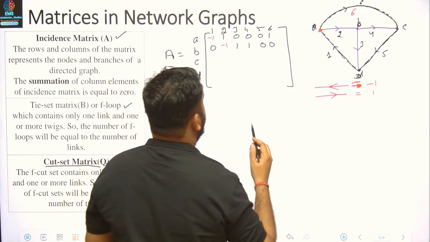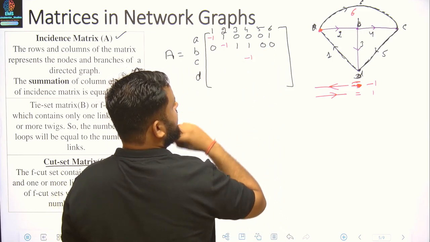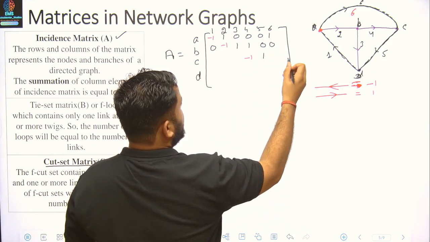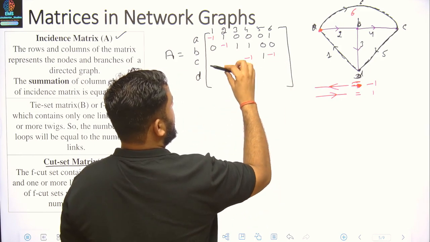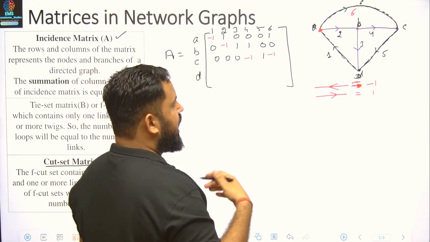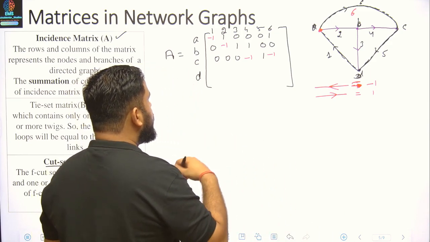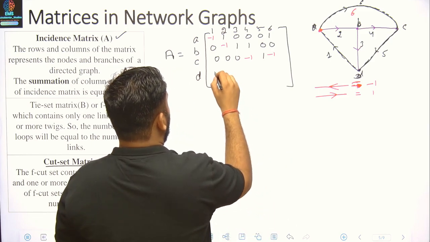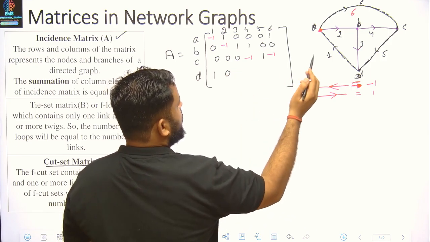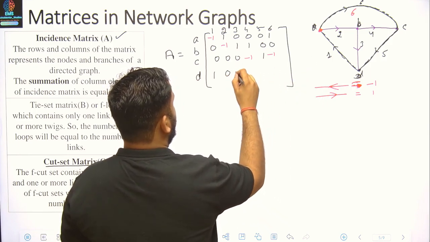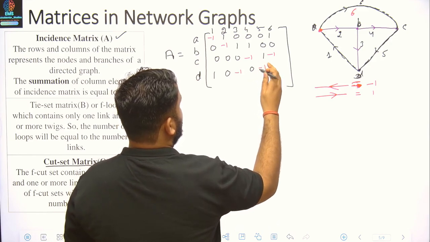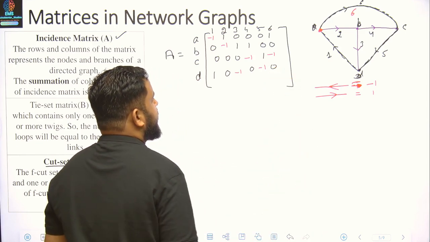At node C, 4 is an incoming branch, 5 is an outgoing branch, 6 is an incoming branch, and 1, 2, and 3 are not connected with C. At node D, 1 is an outgoing branch, 2 is not connected, 3 is an incoming branch, 4 is not connected, 5 is an incoming branch, 6 is not connected.